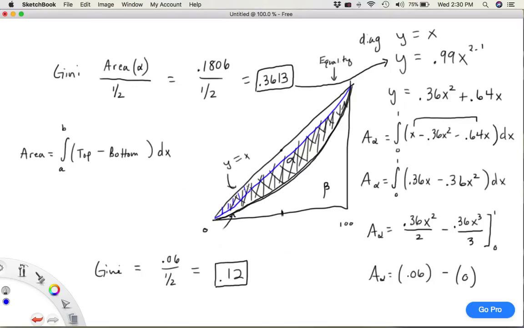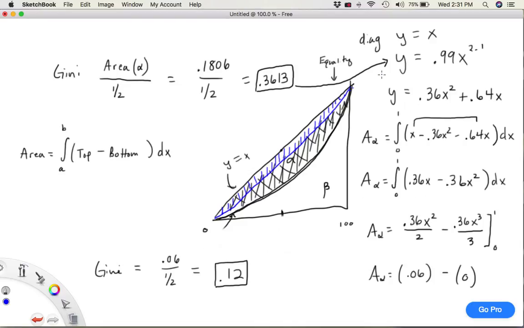So maybe this area here is going to be the 0.12. So that means by changing the Lorenz curve to the second function, we just equalized the income distribution by, it looks like, about 24%, or 0.24 in terms of a Gini coefficient.